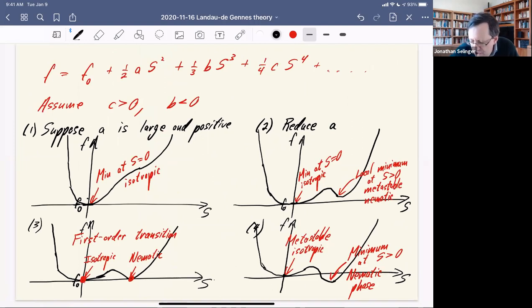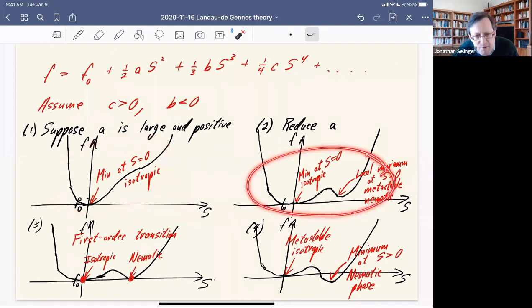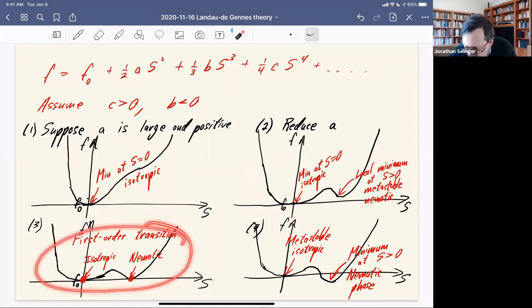It's a series of plots where the free energy, first, just has an isotropic minimum. Then it develops a metastable nematic minimum. Then at the first order transition temperature, the isotropic and nematic minima have equal free energy.